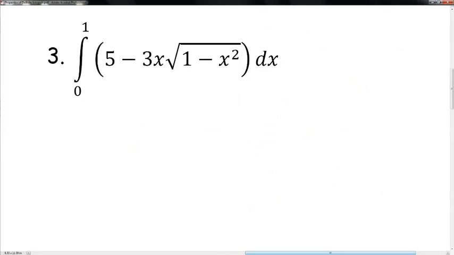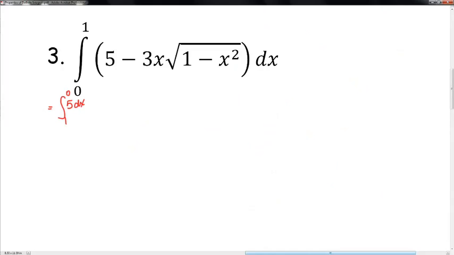Number 3, the integral from 0 to 1 of 5 minus 3x times the square root of 1 minus x squared. Because this is so complicated and is going to require u substitution, I'm going to go ahead and split it up. It equals the integral from 1 to 0 of 5 dx.